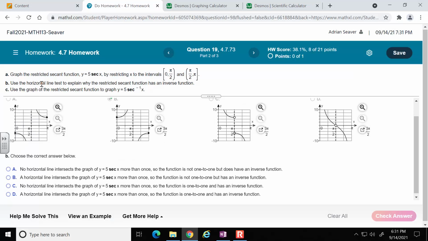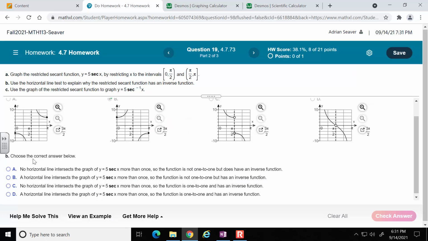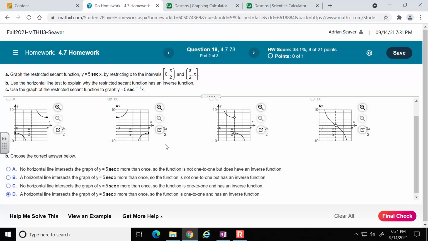Okay. Use the horizontal line test to say why the restricted secant function has an inverse function. So the horizontal line test does not intersect this graph at more than one point at any place on here. So the function is one-to-one and has an inverse function, I believe.